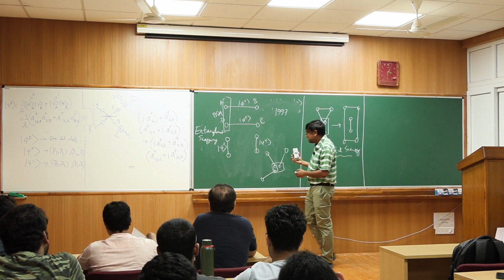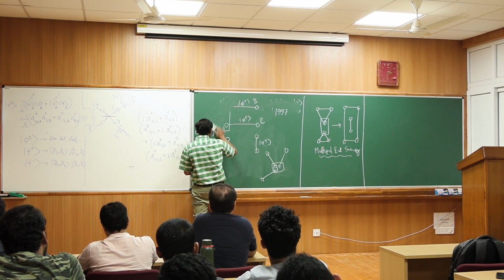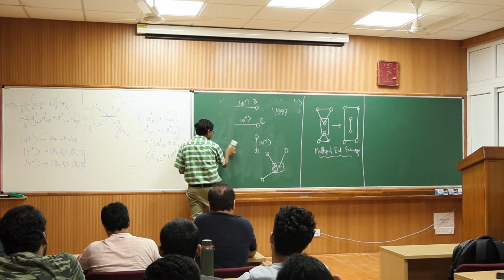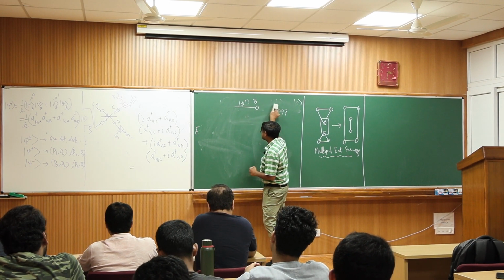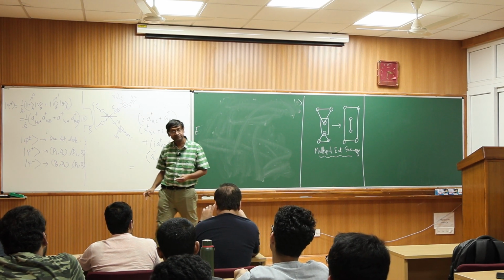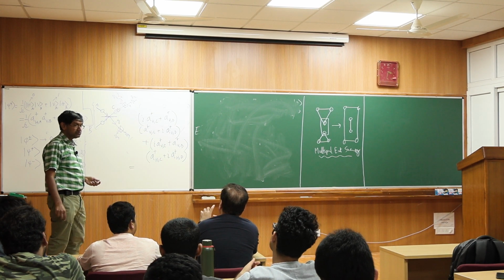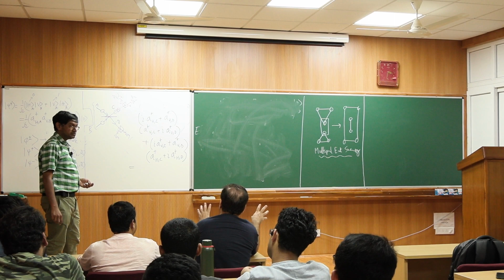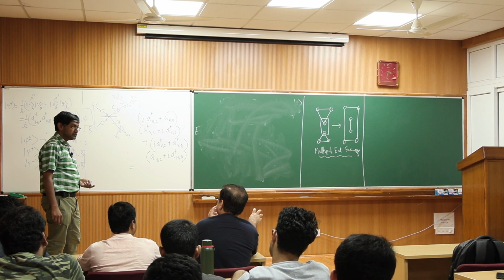What is the application of something like entanglement swapping? Mainly, the application is to make things like these networks I drew before. Suppose in this picture, these two parties had some kind of entangled state with arbitrary entanglement, and these two had some other form of entanglement, would it be possible to swap?